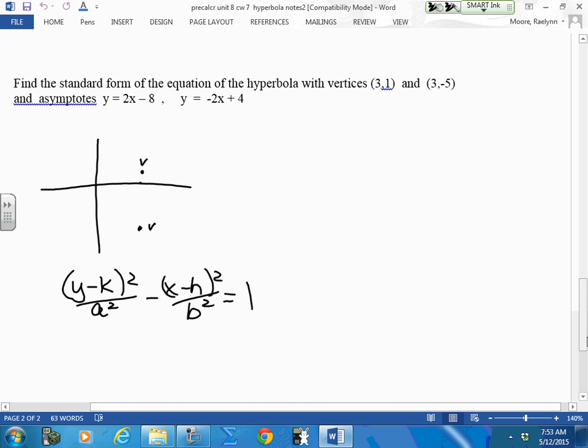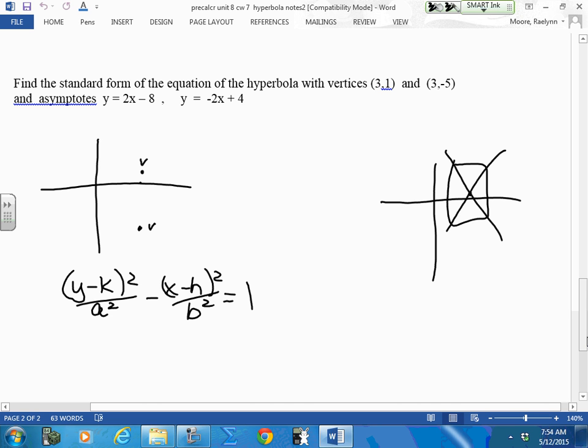Now, you can find your center because it gave you the vertices. Sometimes it doesn't give you the vertices and it doesn't give you some other information. You can always take your two asymptotes, graph them in your calculator, and find where they intersect. That's the center of your hyperbola. Because if you think about it, whenever you make that box around anything, and you put your asymptotes through it, it crosses at the center.